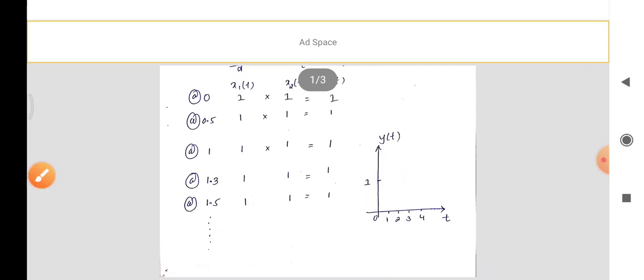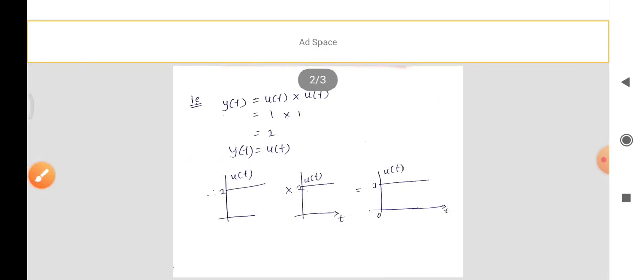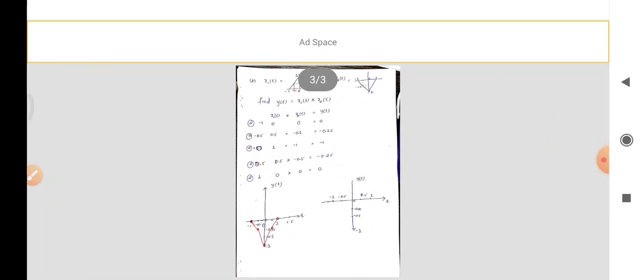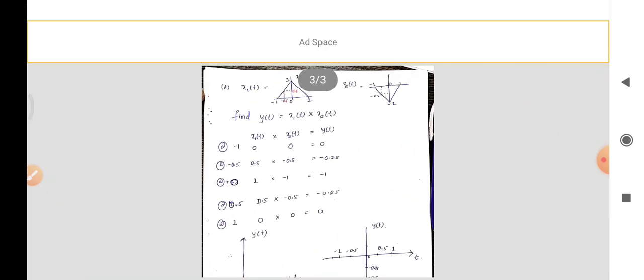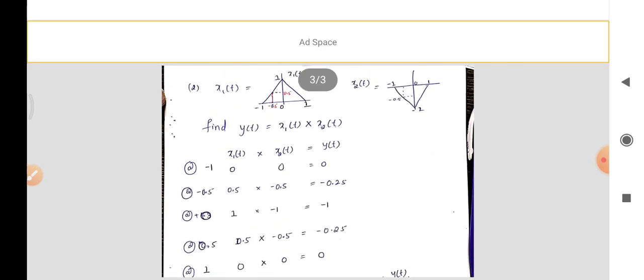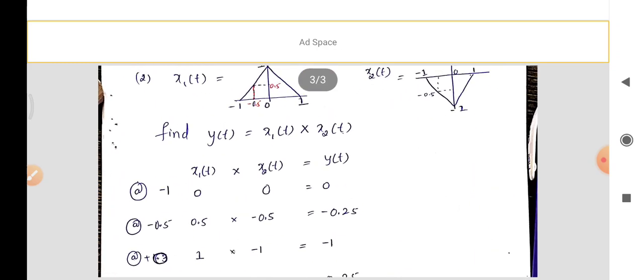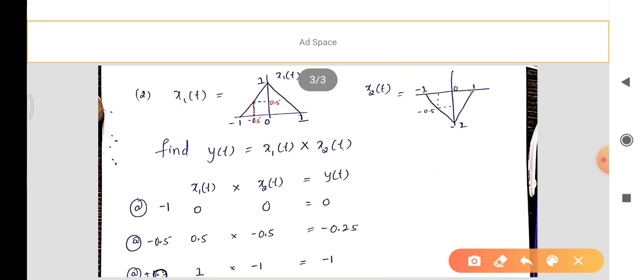Let's take another example on this. It remains the same as we discussed. Now let's take a bit different one. Just observe, in this equation x1 of t is this signal, and x2 of t is this particular signal. Observe carefully those two signals.